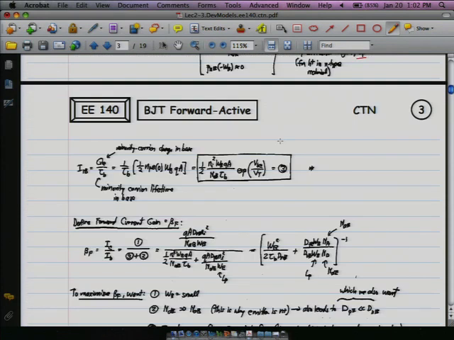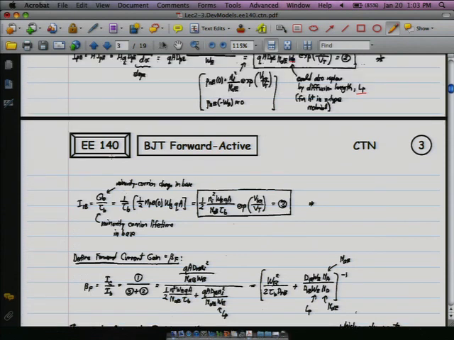So what we end up looking at is the amount of charge contained in the base, and then the lifetime of those carriers. If we expand this expression for QE, we get 1/2, and so on.